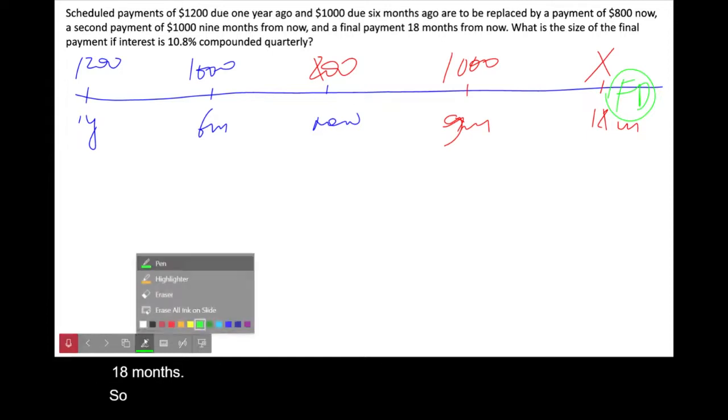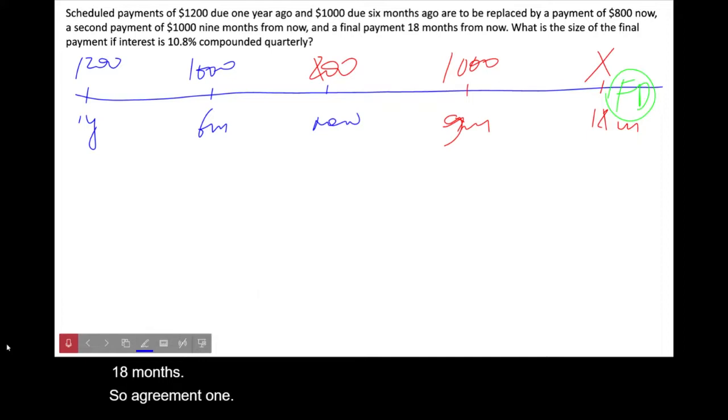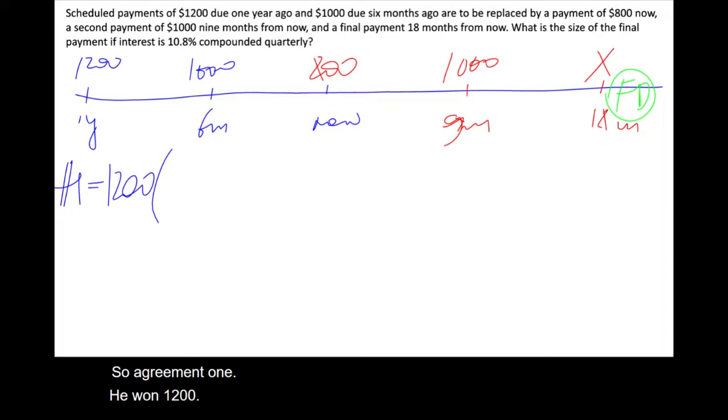So agreement 1. A1, 1200. Let me find the interest rate: 10.8 divided by 4, that's 0.027.